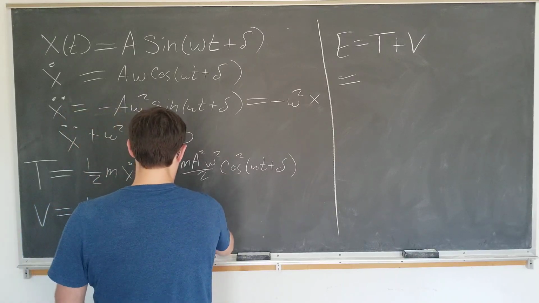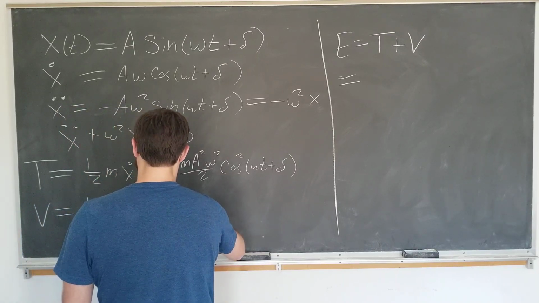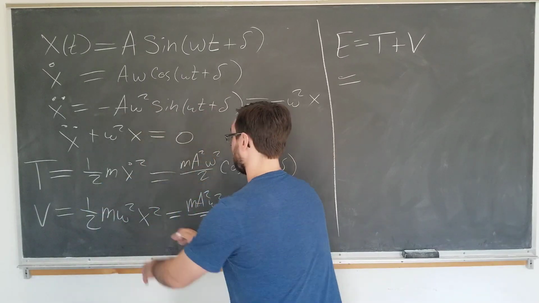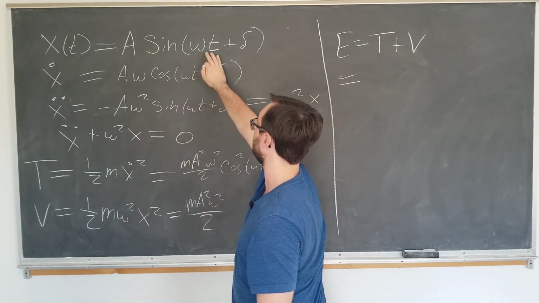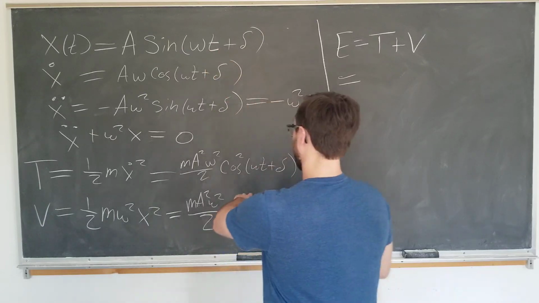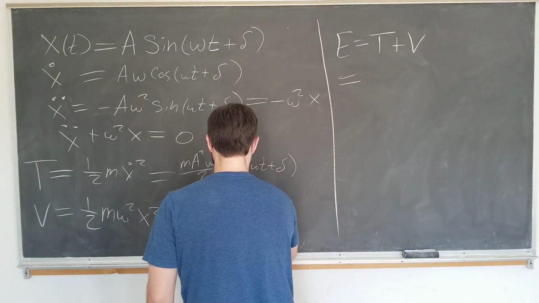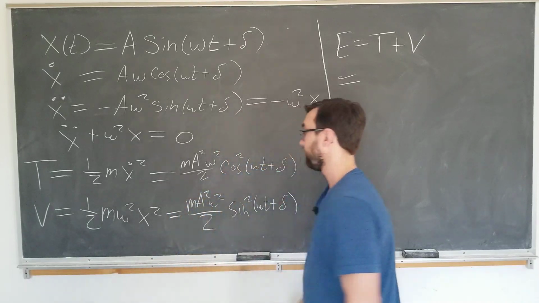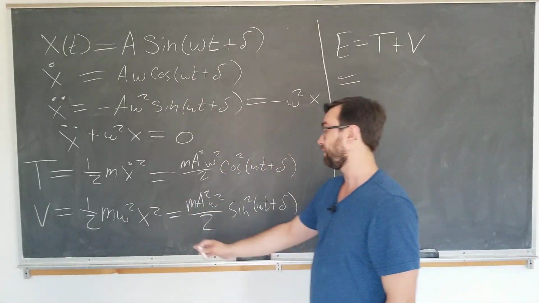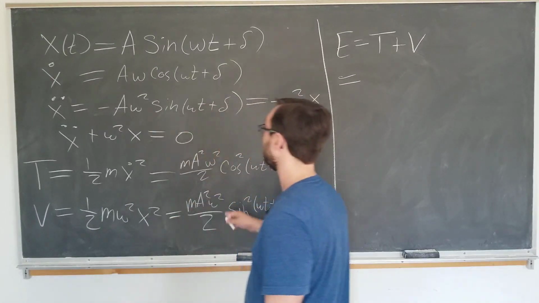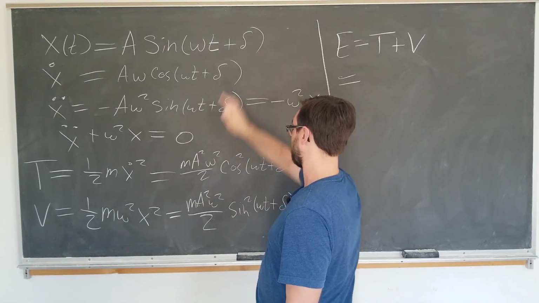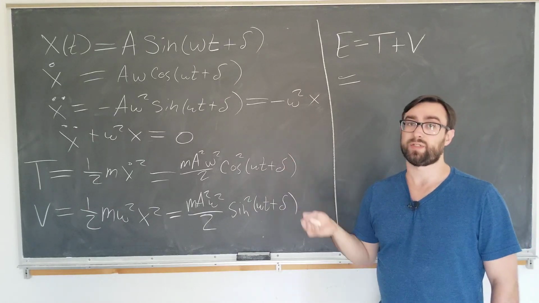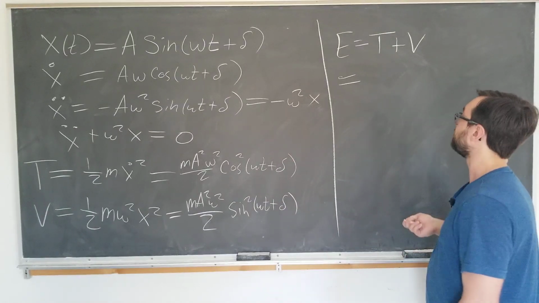Okay, so we have m a squared omega squared over 2 again here, since we have to actually square the original function x. And it's exactly the same, except it's going to be sine squared omega t plus delta. So what I did there was just take the constant 1/2 m omega squared, go up here to our x definition, square that, and you can actually see where this is going. We have a sine squared and a cosine squared. So let's see what happens here.